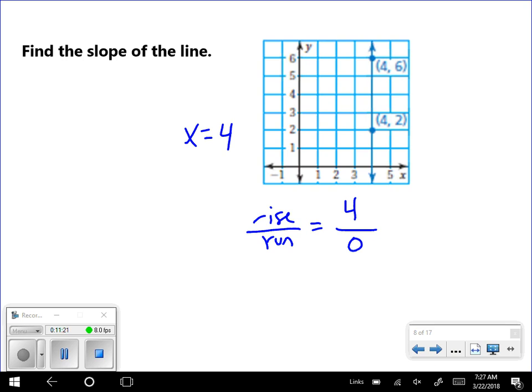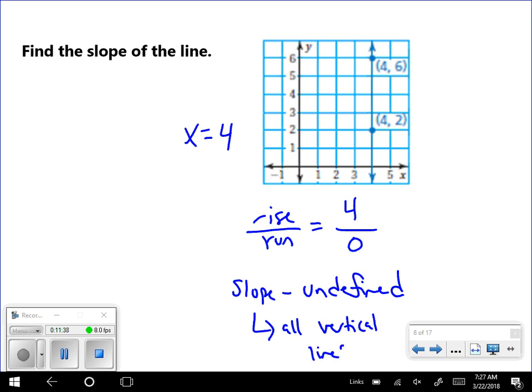That doesn't make any sense. So, any vertical line has a slope that is undefined. All slopes for vertical lines are undefined.